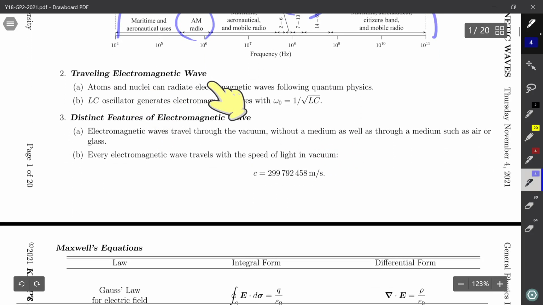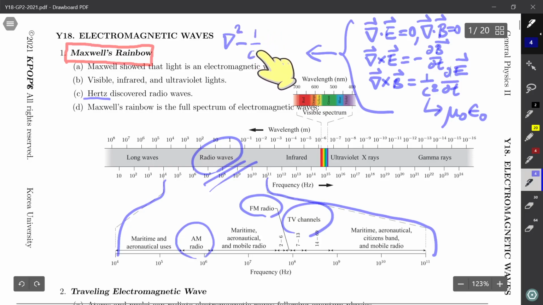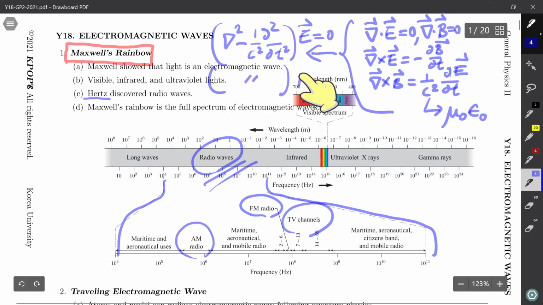Traveling electromagnetic waves: these four Maxwell's equations lead to a unique wave equation, and the same operator applies to the magnetic field.